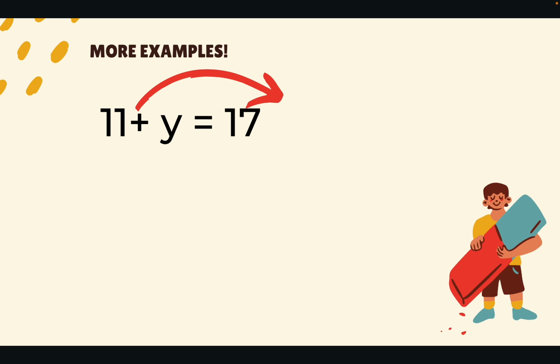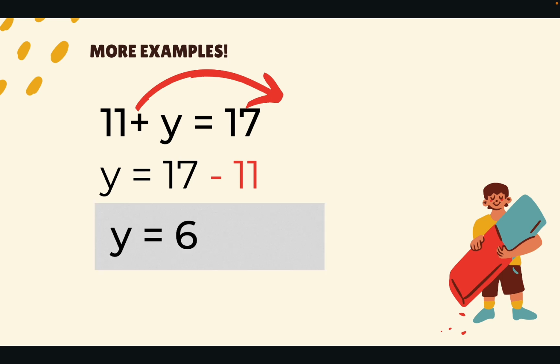Now we know that 11 is a positive number, and when it's transposed to beside number 17, positive 11 will become negative. So that will be y is equal to 17 minus 11. Now let us solve. 17 minus 11 is equal to 6.